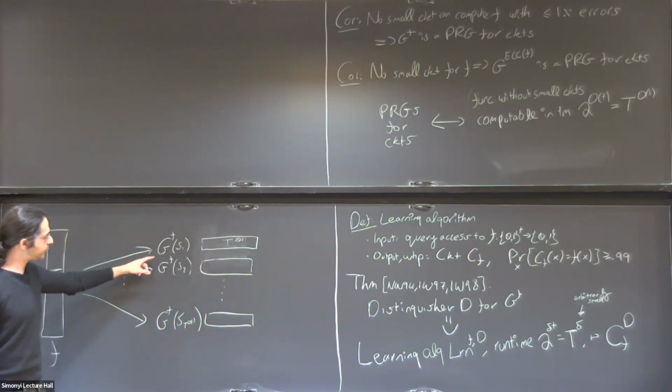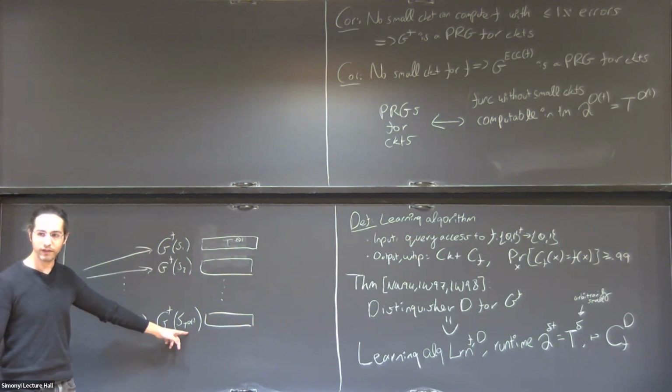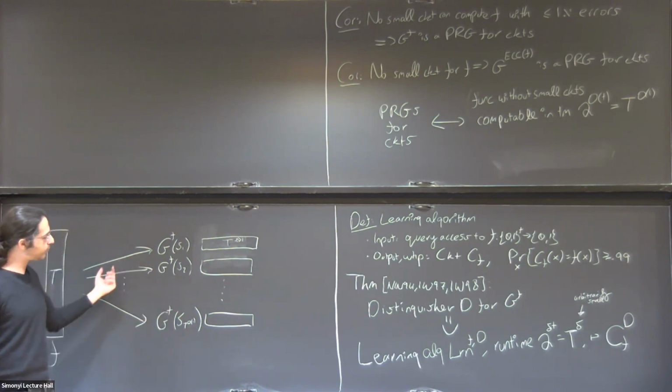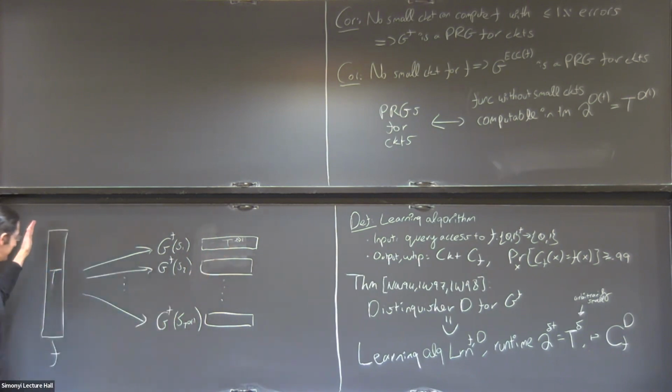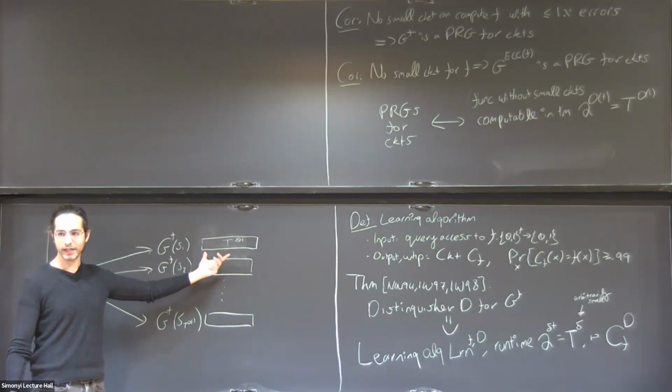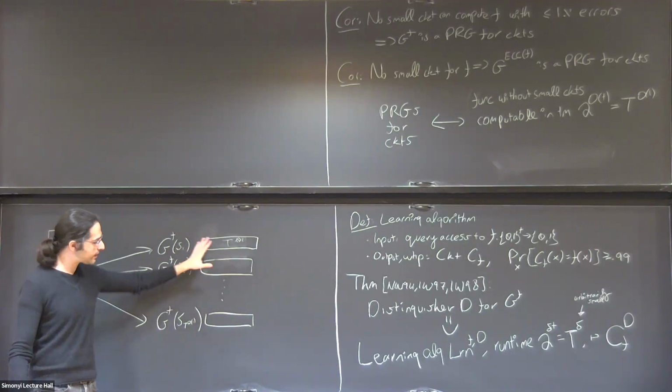So G here is G with oracle access to F, and S1 up to S poly T are the seeds when we enumerate over them. And for each seed, we output a string of length slightly smaller than T. So we effectively map this T-bit string to poly T strings, each of length slightly smaller than T. And this thing should be pseudo-random.